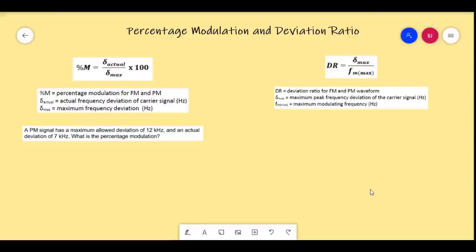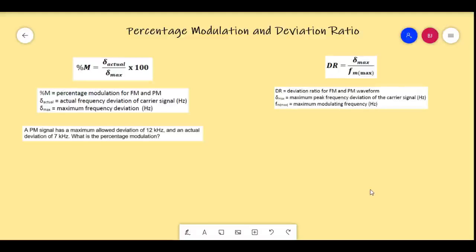So this just relates our deviation ratio with the modulating signal in its maximum quantity or amplitude. So let's have an example first with getting the percentage modulation.